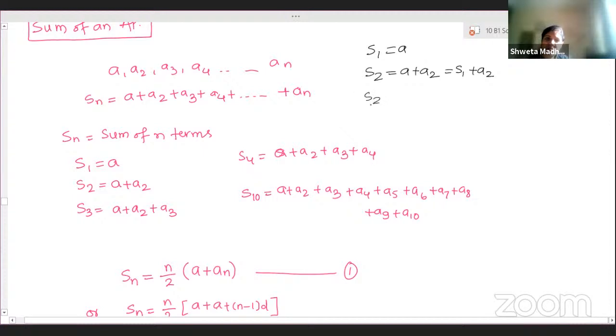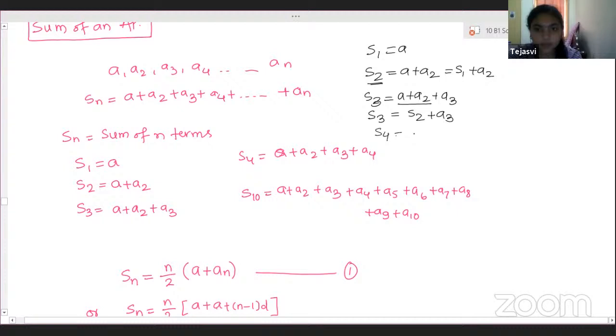S3 is equal to A plus A2 plus A3. So what is A plus A2? S2. So S3 is equal to S2 plus A3. Similarly, S4 is S3 plus A4.